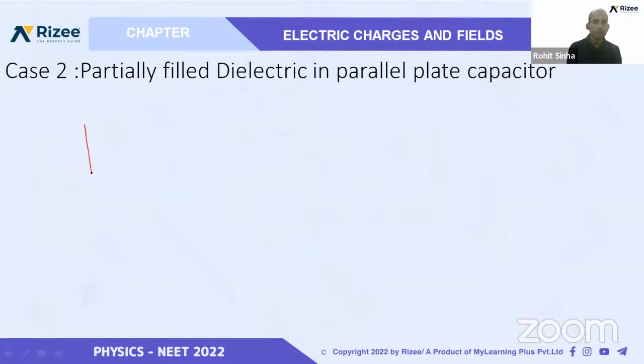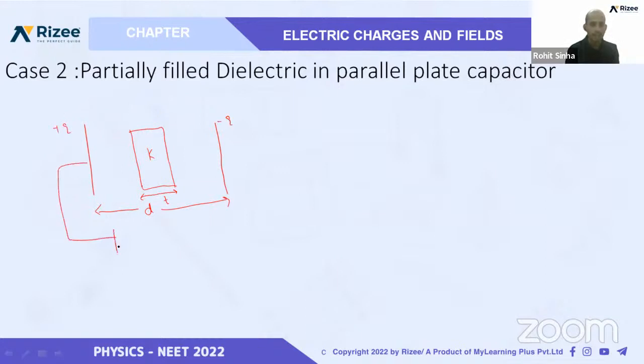Suppose in a parallel plate capacitor, I take one good example. Let us suppose I have filled it with a material having a dielectric constant K. Let us assume the distance between the plates is D, and the thickness of the dielectric is T. Here we know that if it has plus Q charge, it has minus Q charge, since we have applied a bias.